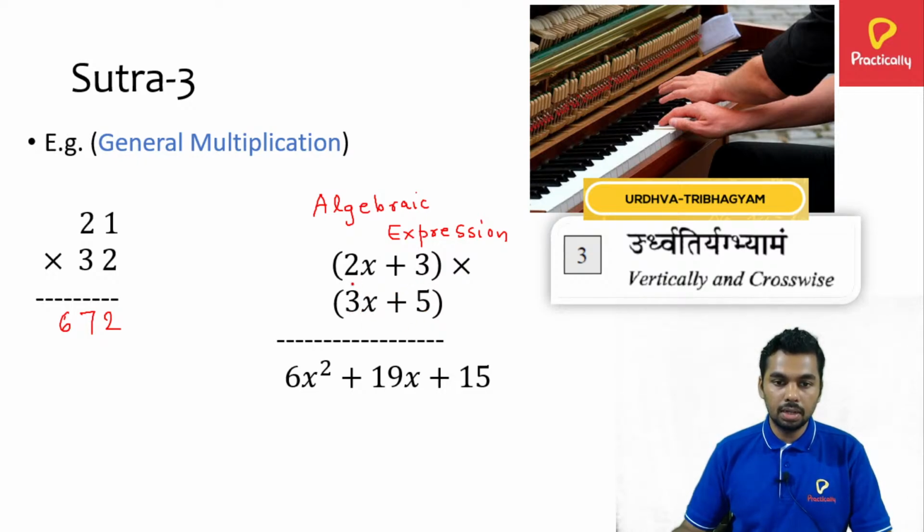You do the vertical step, 2x multiplied by 3x, the answer is 6x squared. So x multiplied by x is x squared. The next is crosswise or crisscross, however you want to pronounce it, it is fine. 2x multiplied by 5 is 10x, 3x multiplied by 3 is 9x. So the sum is going to be 19x. Finally, you have 3 multiplied by 5 or 15.